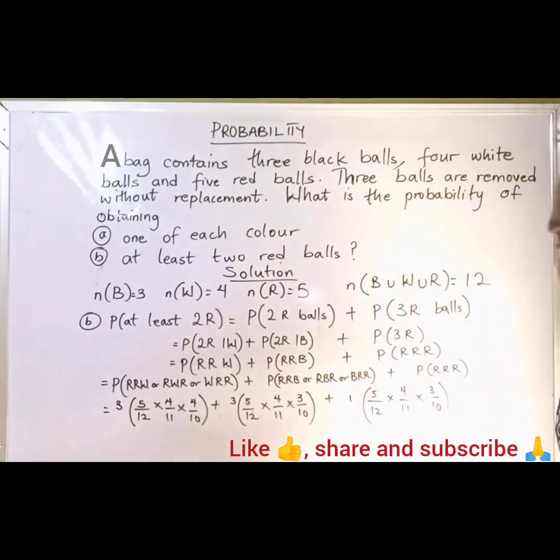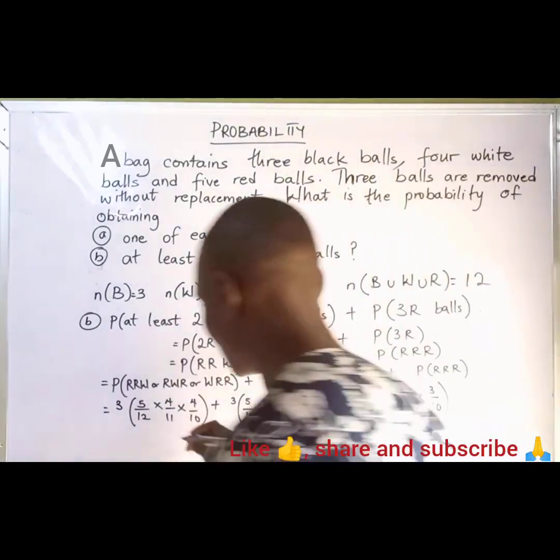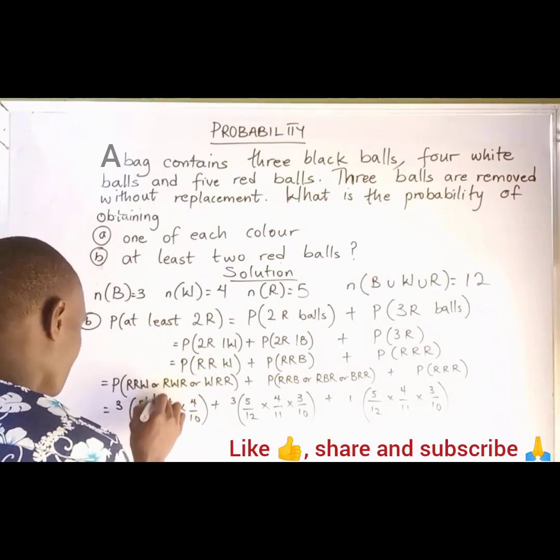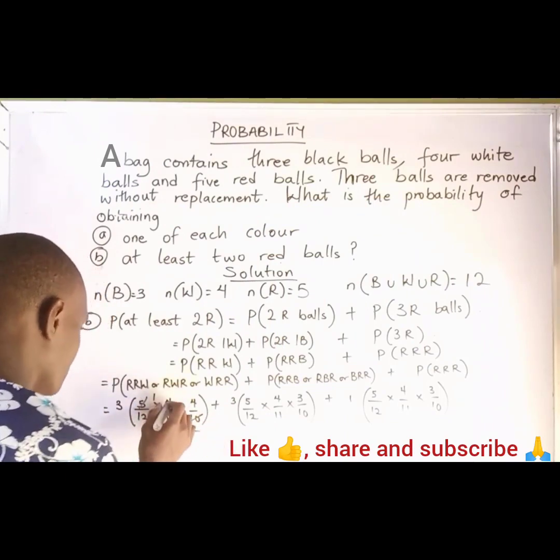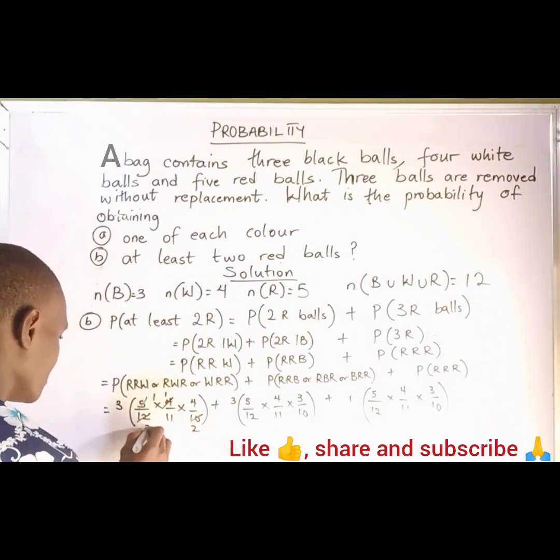So all I have to do now is simplify this and get the probability of getting at least 2 red. There is another simple way of doing this whereby we use the combination law, but let us solve this so that it is intuitive for us. Here, 5 in 10 is 2, 4 in 12 is 3, and 3 cancels.